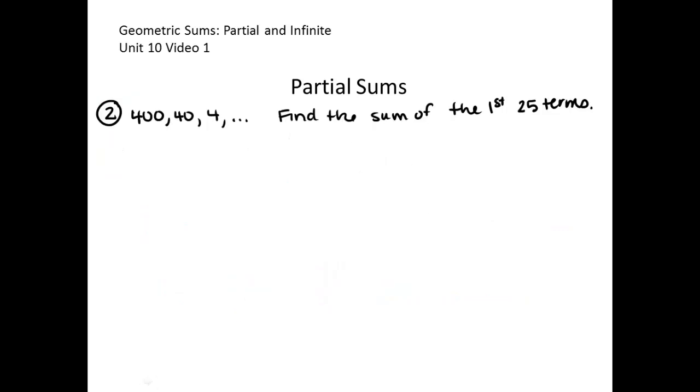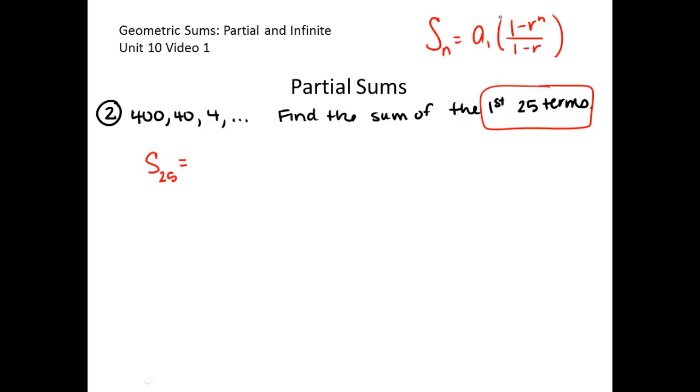Alright, let's do another partial sum. This time I want the first 25 terms, so I'm going to do S sub 25. Again, I'm going to write down the formula up here. You probably already have it: S sub n will equal A sub 1, 1 minus r to the nth power over 1 minus r.